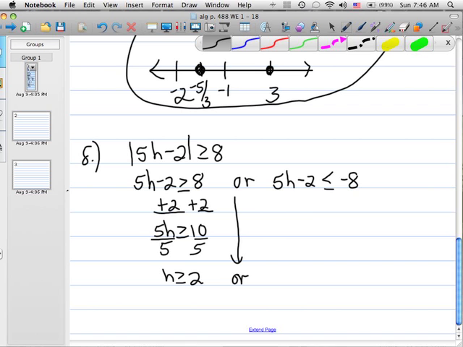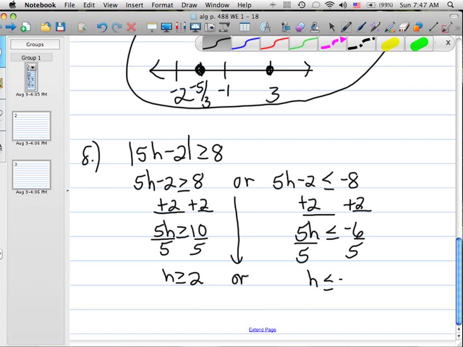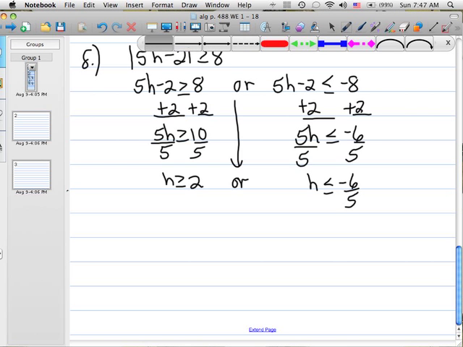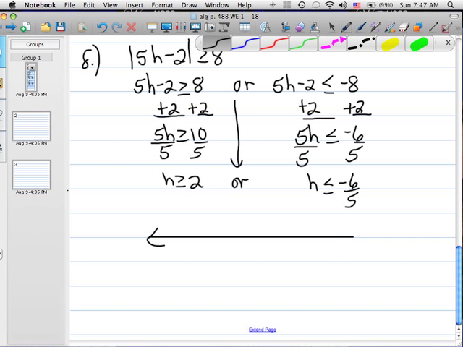Solving the second inequality for h, add 2. We get 5h is less than or equal to negative 6. Divide by 5, and h is less than or equal to negative 6/5. Graphing it, we have negative 6/5, which is negative 1 and 1/5, so that's between negative 1 and negative 2, and 2.